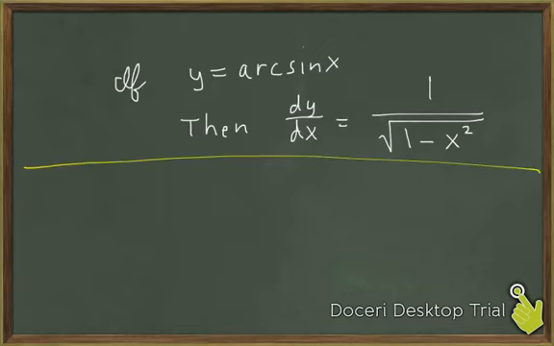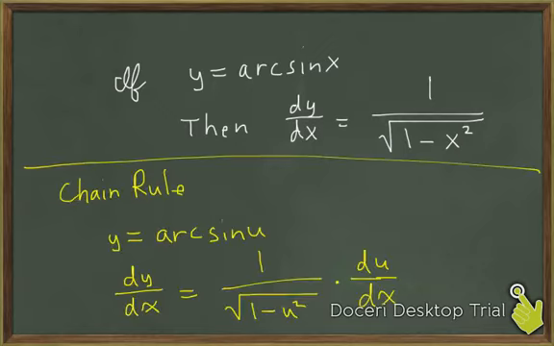And the chain rule tells us that if y equals arcsine of u, where u is a function of x, then dy/dx is 1 over the square root of 1 minus u squared, multiplied by du/dx. In the next video, we'll look at examples of finding the derivative of arcsine of functions.